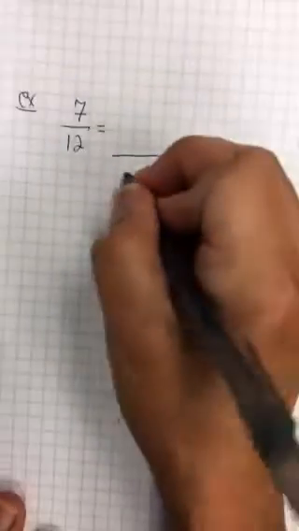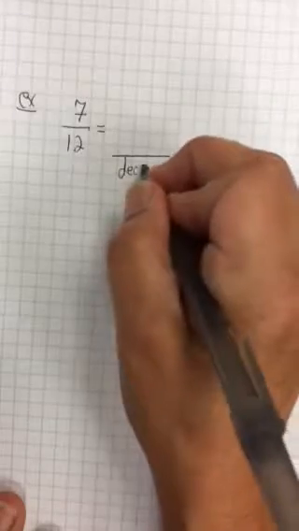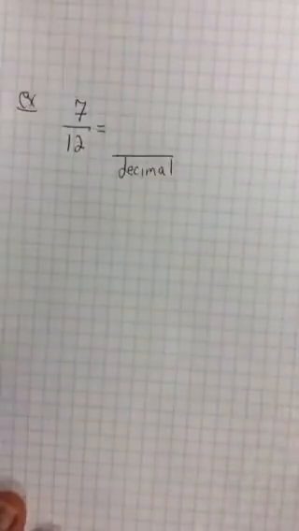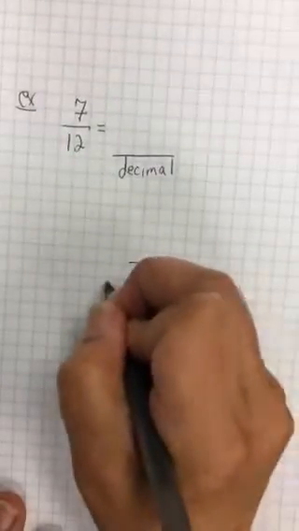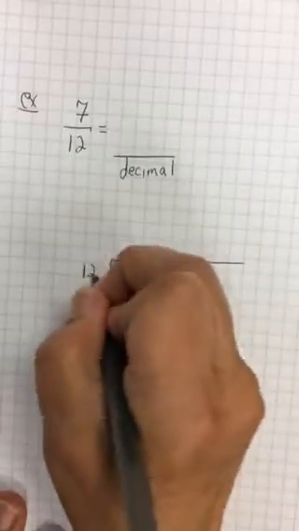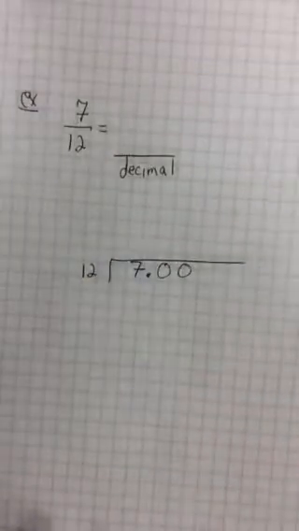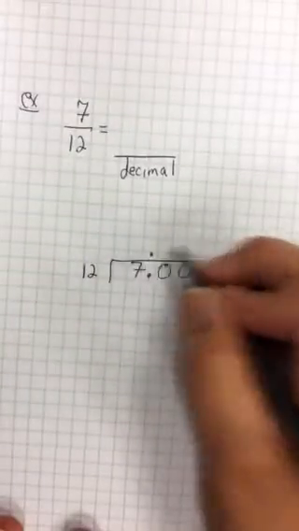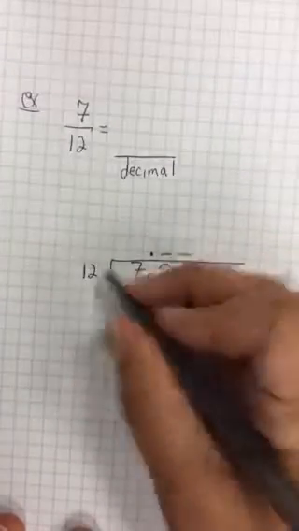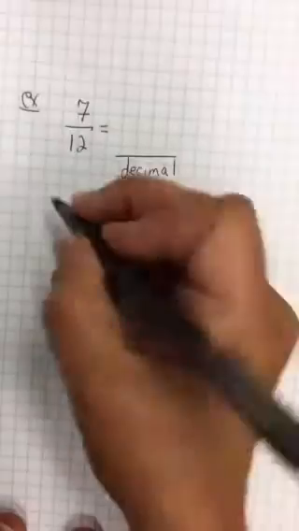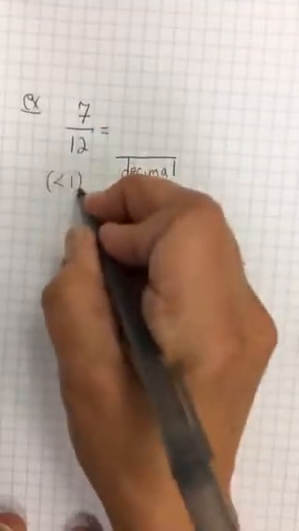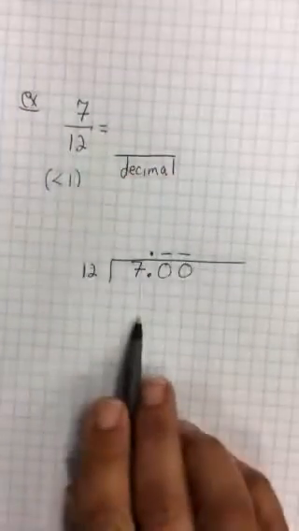I want to convert 7/12 to a decimal. All right, so 7 divided by 12. And I already know I'm going to need to write 7 with some decimal places because 12 doesn't go into 7.